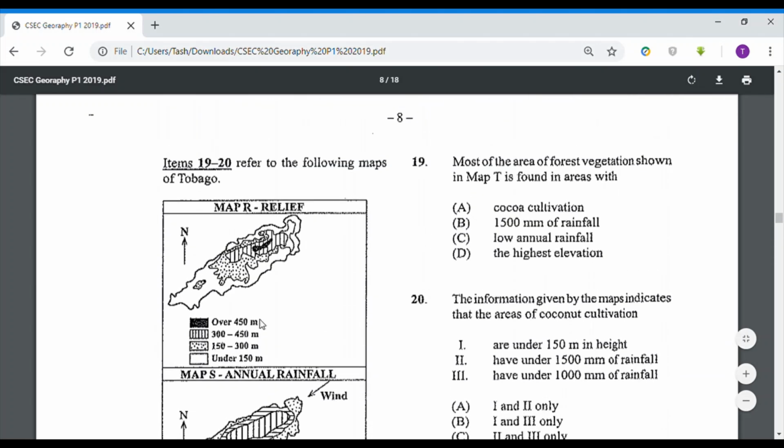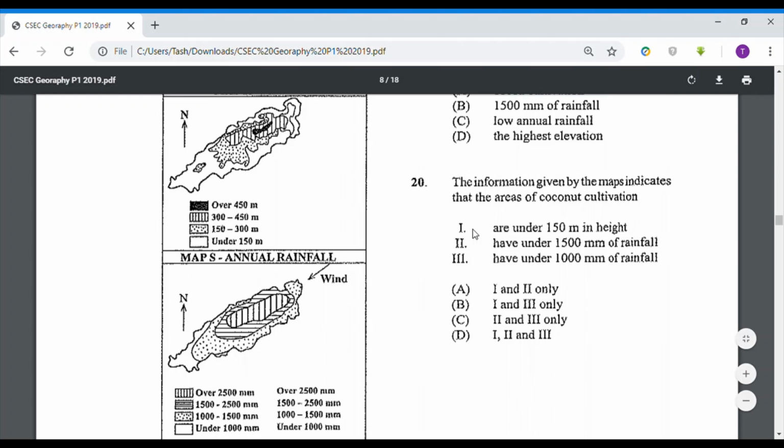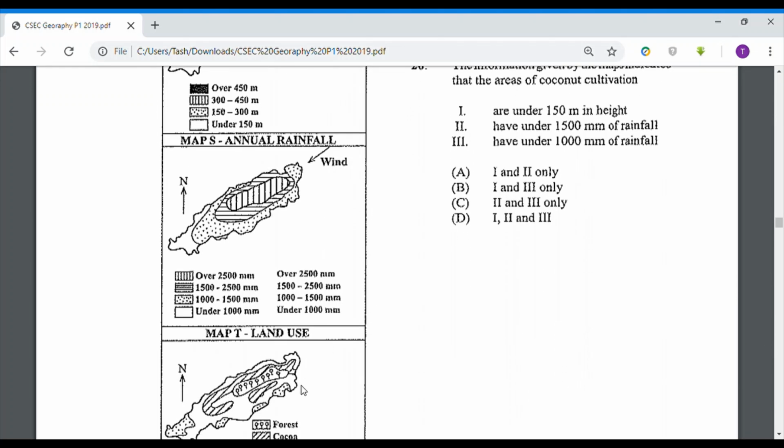forest cultivation. Secondly, B, 1500 millimeters of rainfall. So we need to look at the rainfall map to see if that same section has 1500 millimeters of rainfall. So remember, this is the section that we're looking at. And we're looking if it has 1500 millimeters of rainfall based on the key here, 1500 to 2500.